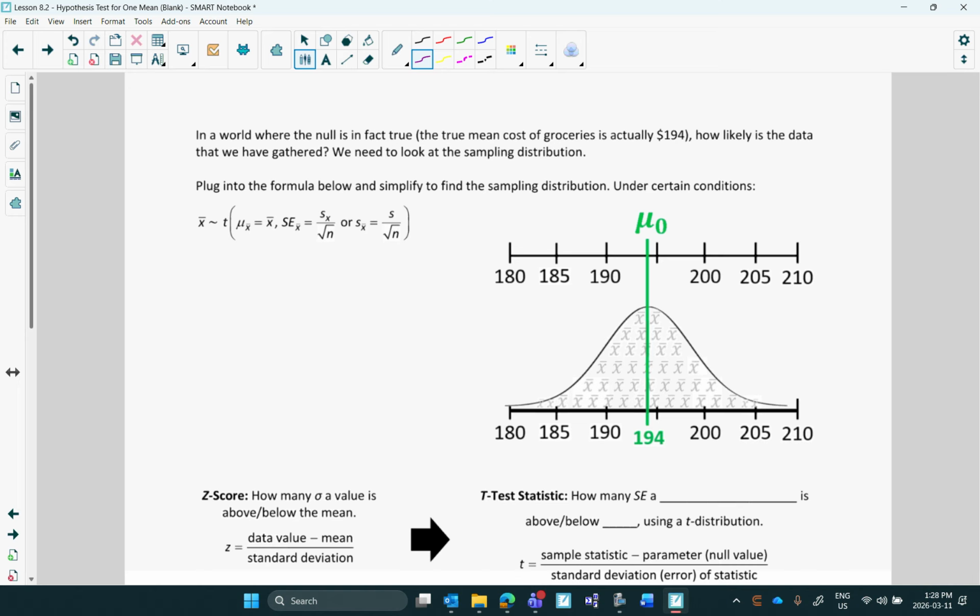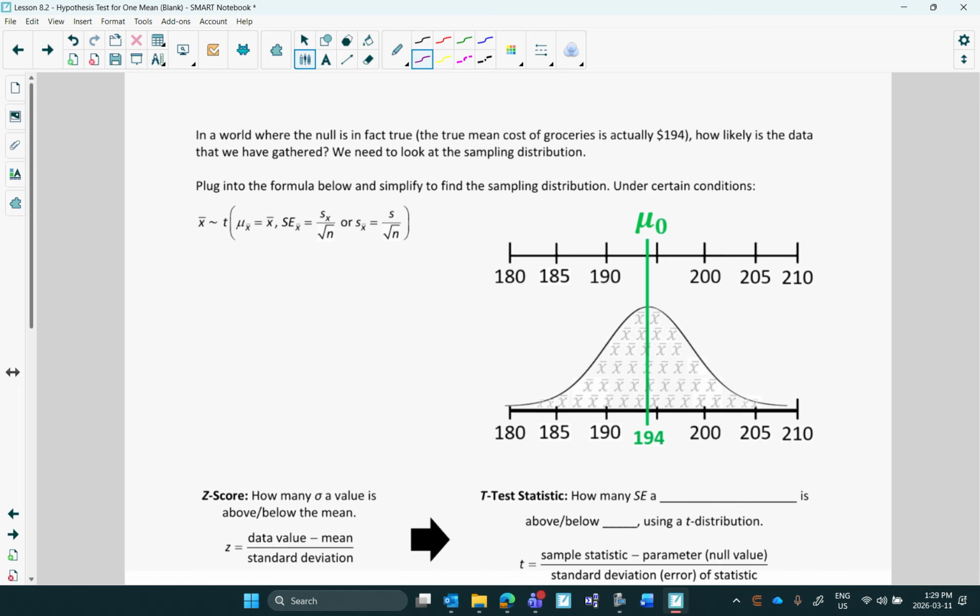In a world where the null is in fact true, how likely is the sample, 199, whatever it was? We have to look at the sampling distribution and we need some numbers along with the type of the sampling distribution. Now remember, with means, we have to deal with t-distributions, not normal distributions.